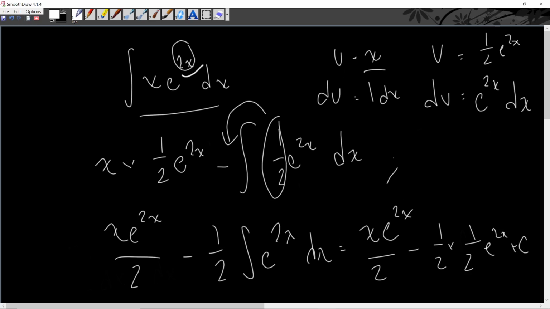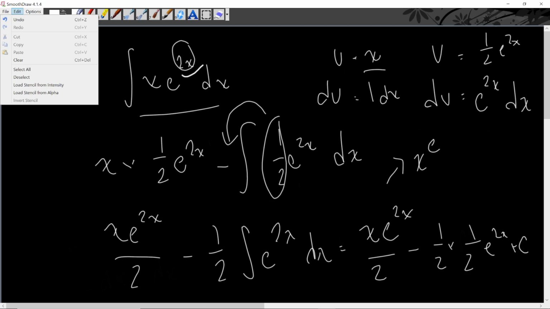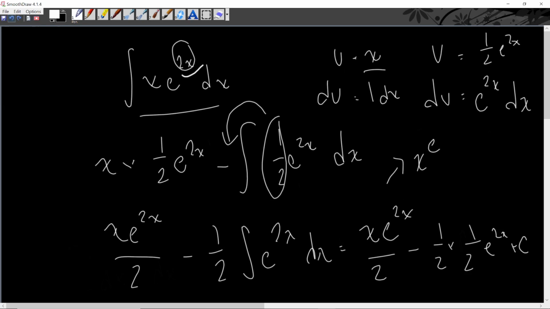I don't know why I keep writing x to the e to the 2x, maybe I'm just used to something else. So x times e to the power of 2x over 2 minus, we want to keep our notation constant, e to the power of 2x over 4 plus c. And that's one of our answers, so let's see if we got it right. Yeah, okay, good.